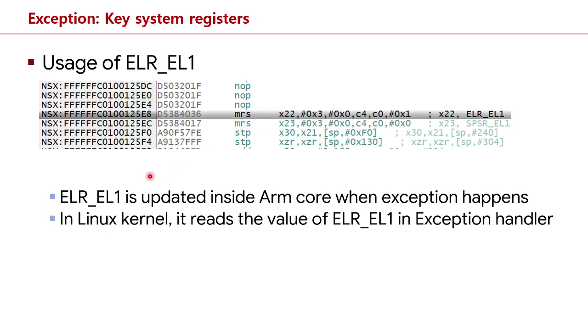Another important thing is that this register, ELR_EL1 register, is usually updated inside the ARM core. That means at the hardware level, the ARM core updates the value of the ELR_EL1 register when generating the exception.